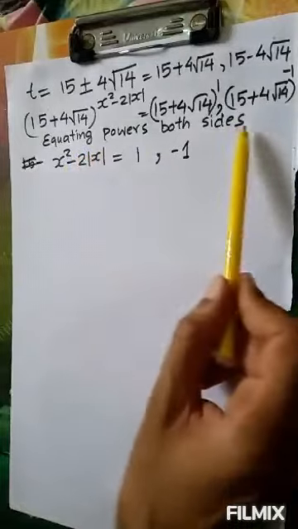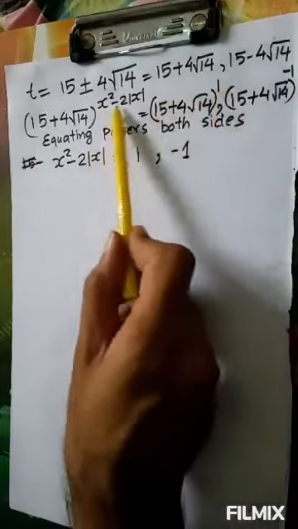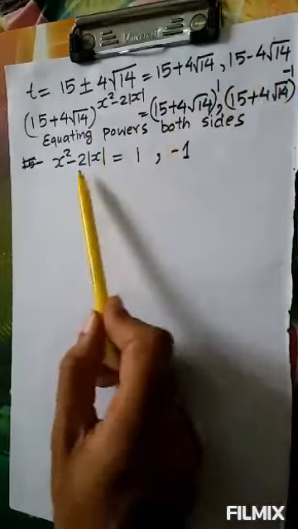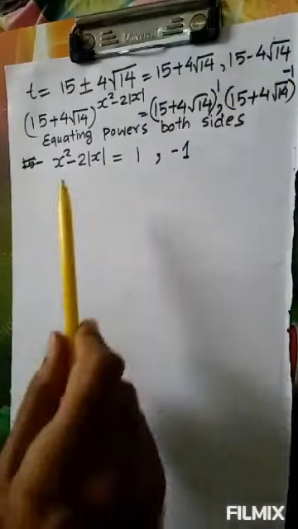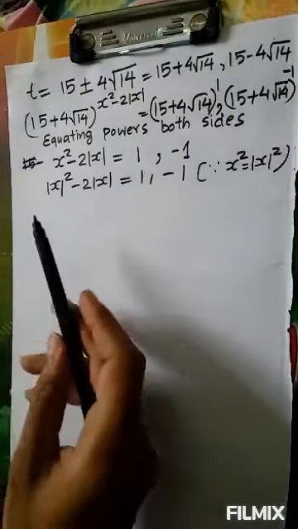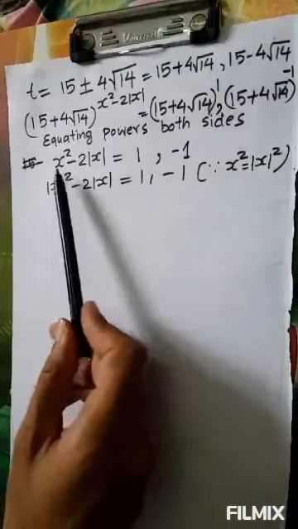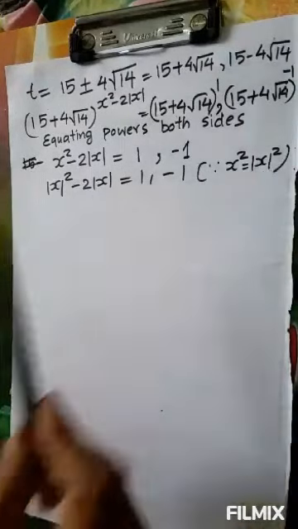Then we will equate powers on both sides. This is 1 and this is minus 1. Now we will solve this quadratic in mod x, because x square is equal to mod x square, so this is a quadratic in mod x.